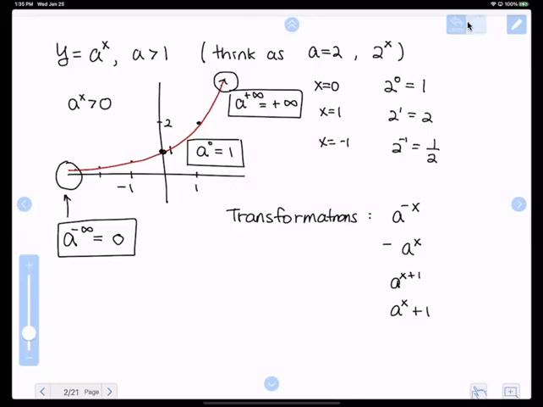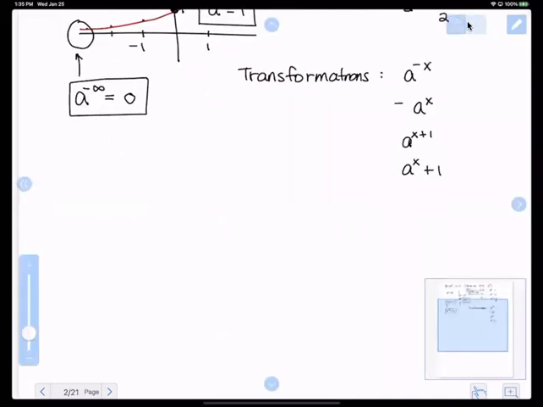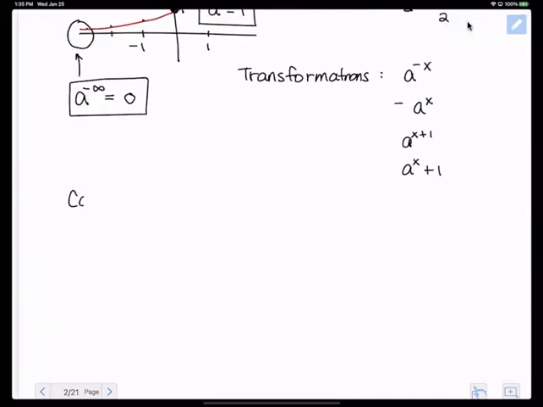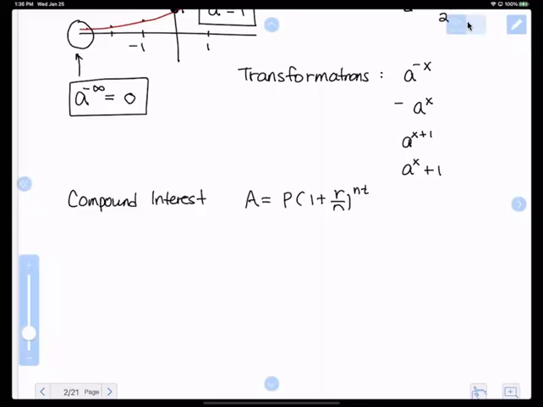And one example of an exponential function is compound interest. A equals P times 1 plus r over n to the power nt. And we use the letters P, A, r, n, t. P is the beginning amount, the principal.